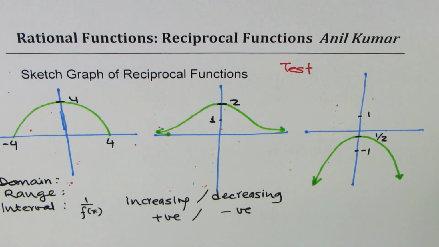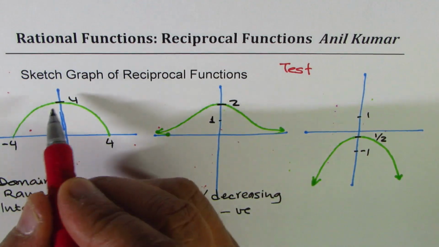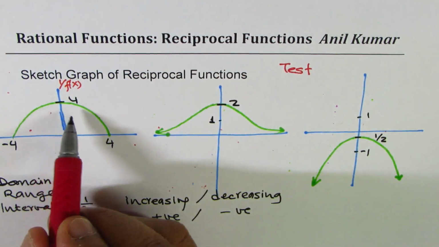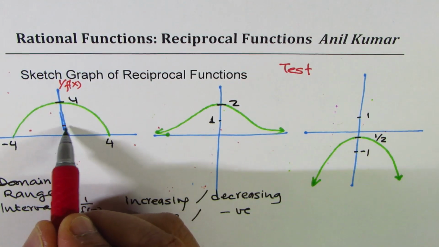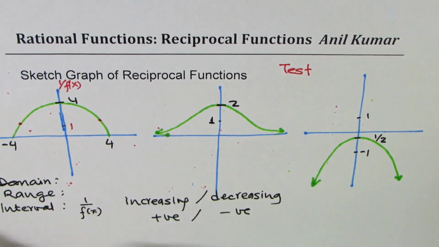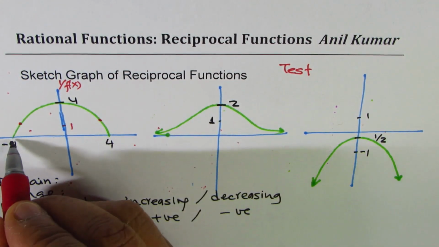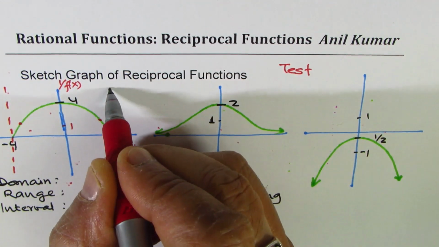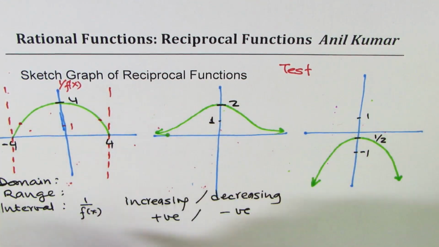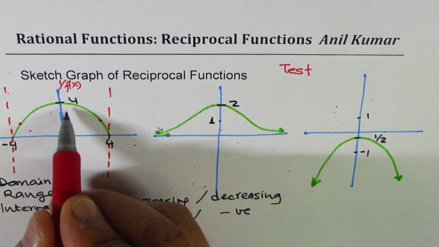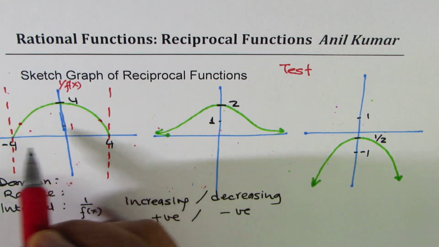Now let's quickly sketch the reciprocal of these functions, right? So I'm sketching 1 over f of x. Now, if this is 4, somewhere here will be 1. So the invariant point is kind of here. Now we have a vertical asymptote at 0. So at the end of this semicircle, we are going to have the vertical asymptotes. Inside part will go through these ones, and 1 over 4 will be the local minimum.